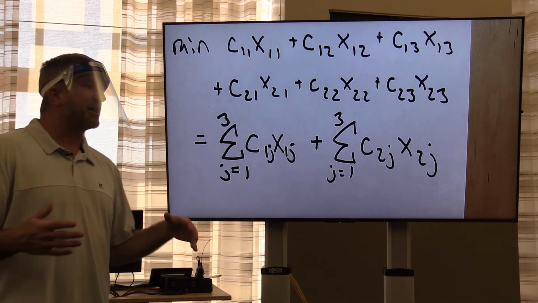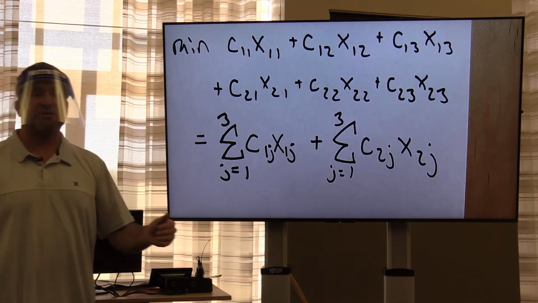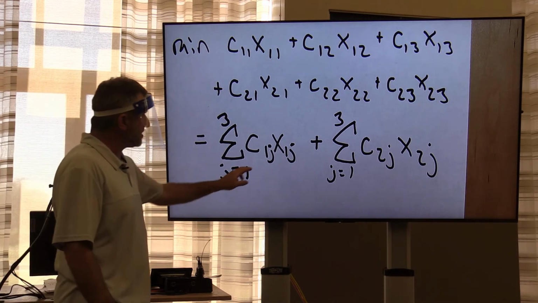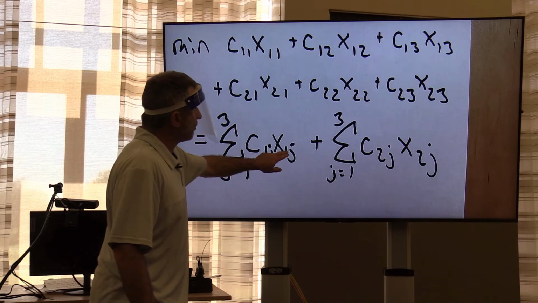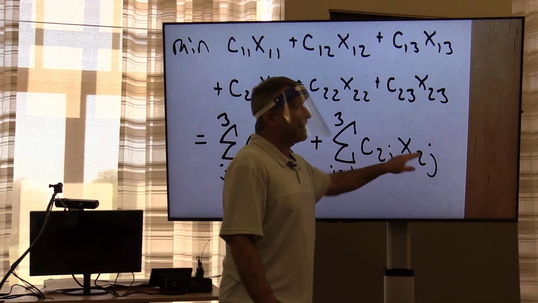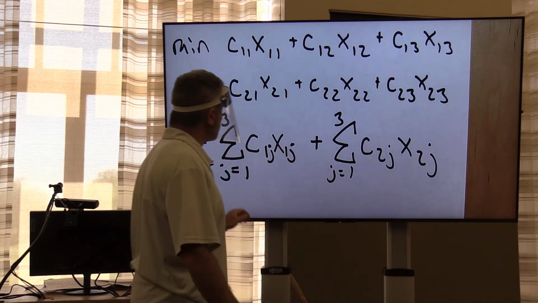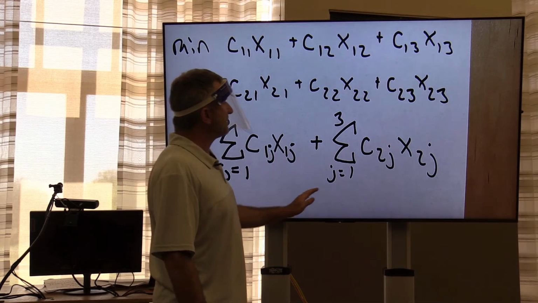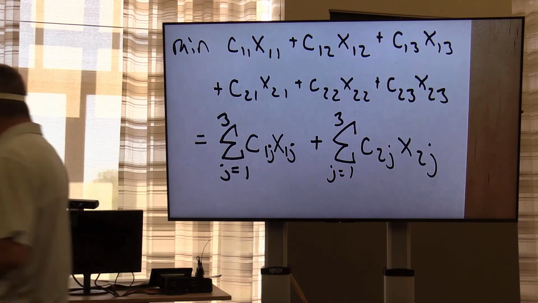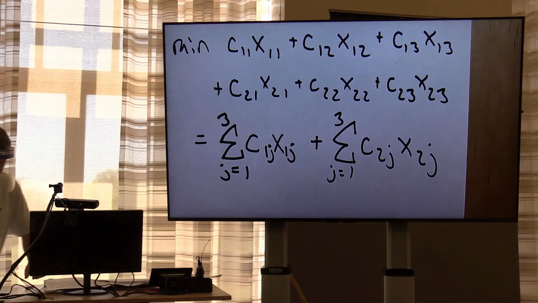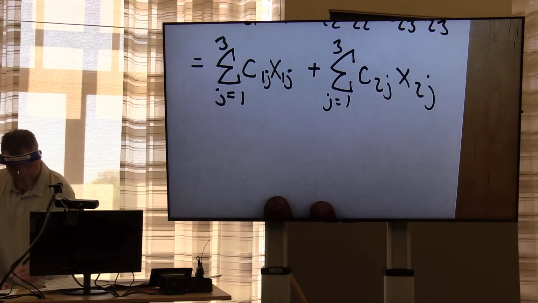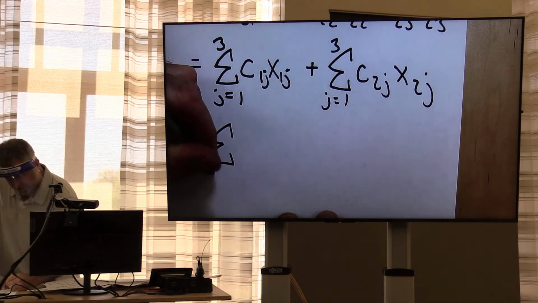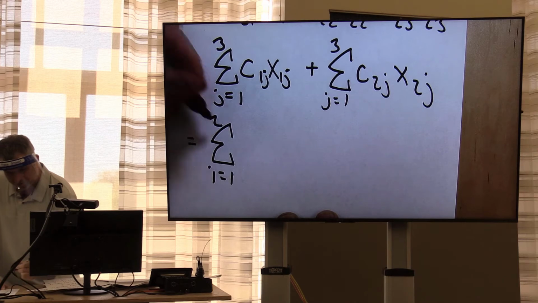And now I can collapse those 2 summation terms into a double summation term. Because notice what happened here. Here, the I's are 1s. Here, the I's are 2s. So I'm doing a summation where first I equals 1 and then I equals 2. So I'm summing from I is 1 to 2.